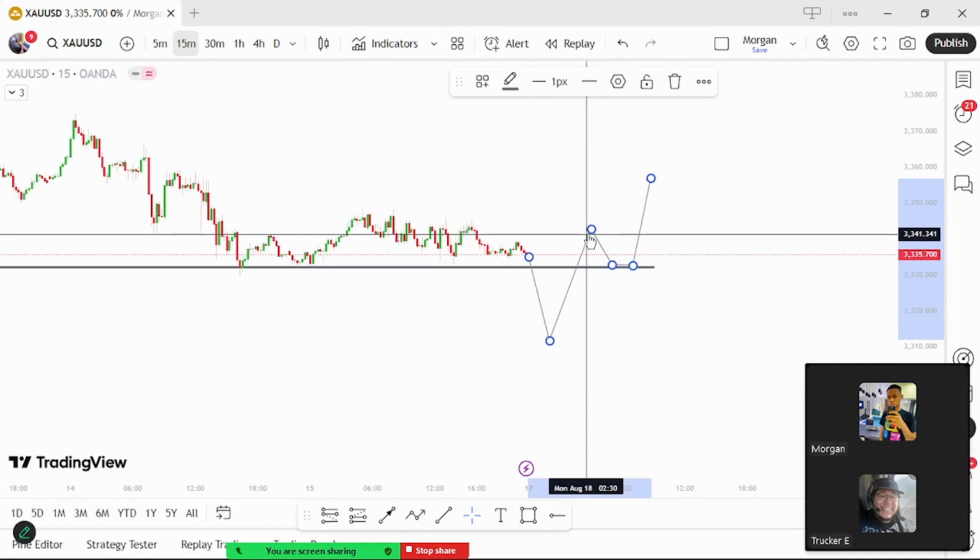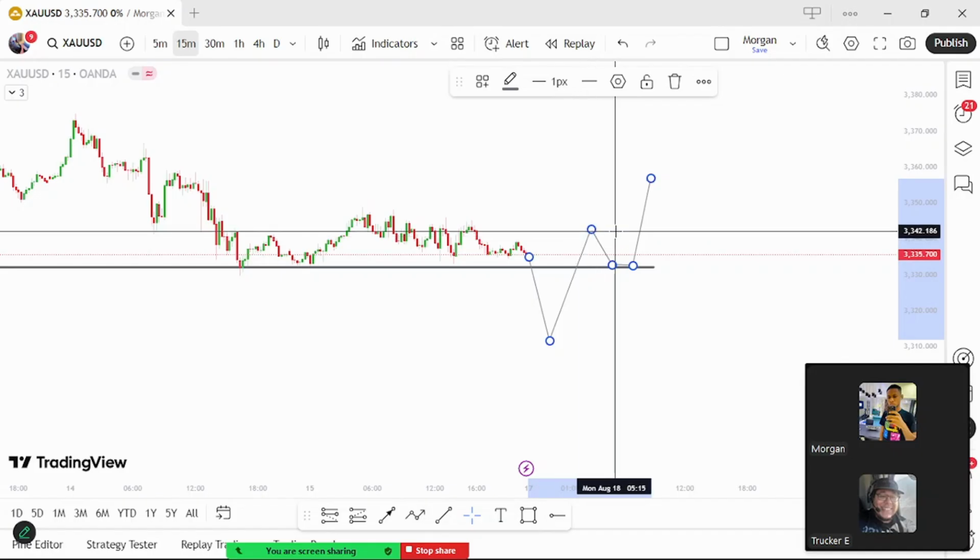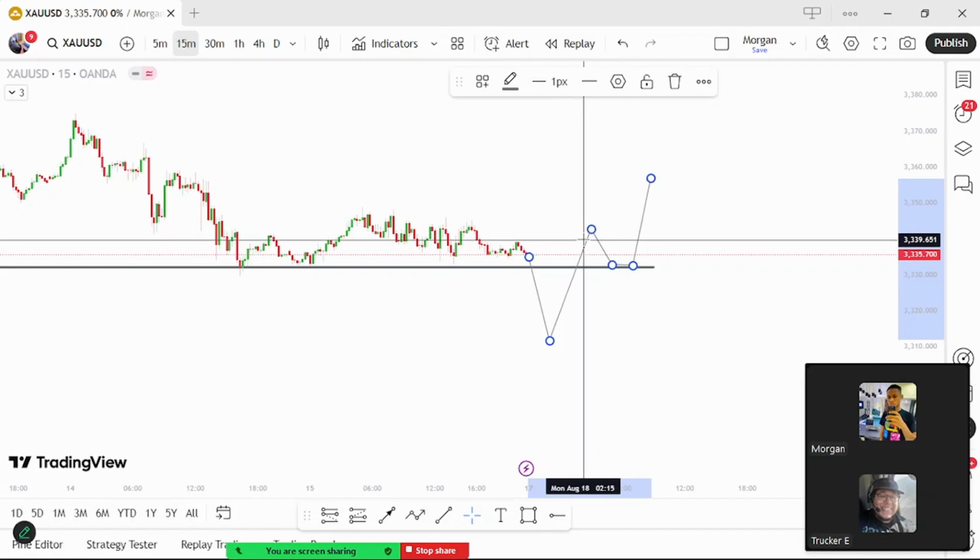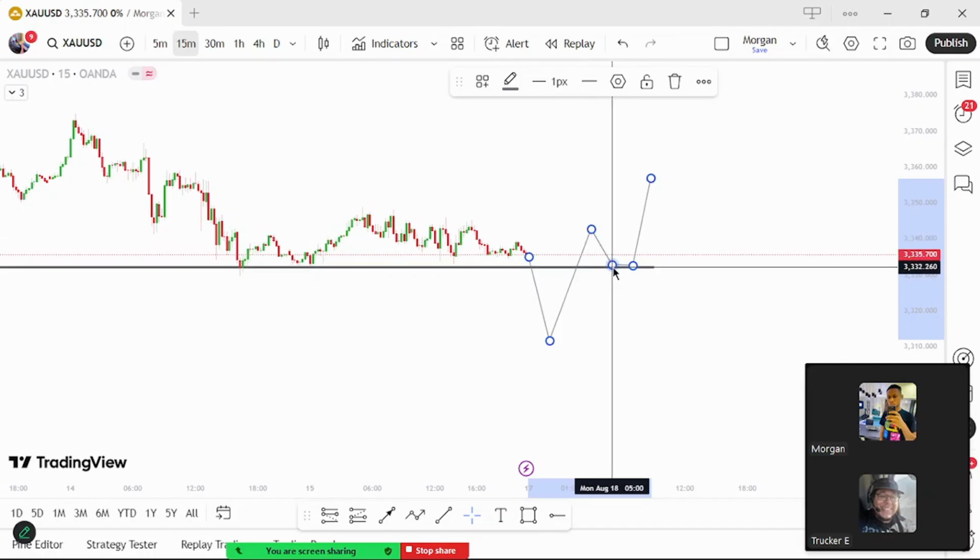So my mind would automatically flip from looking for a sell position to looking for a buy position. I would get in when it comes back to the level, because after that higher high, I would be waiting for it to pull back to the level and then get in.